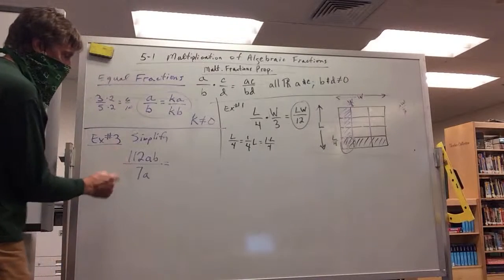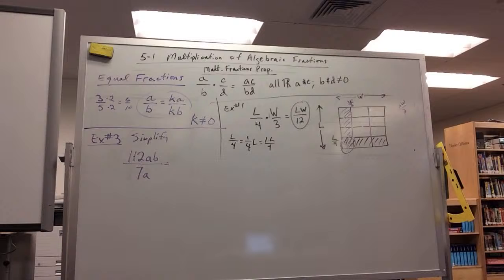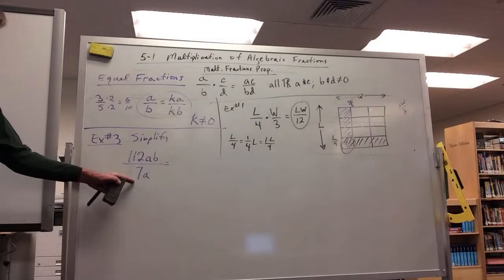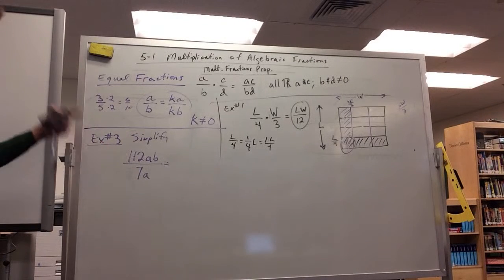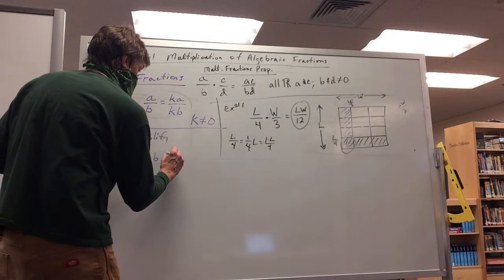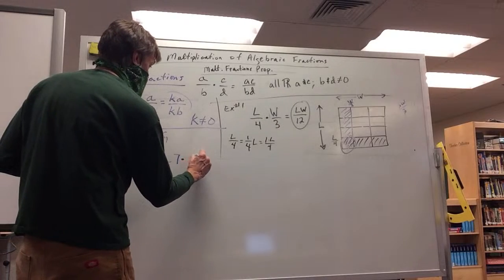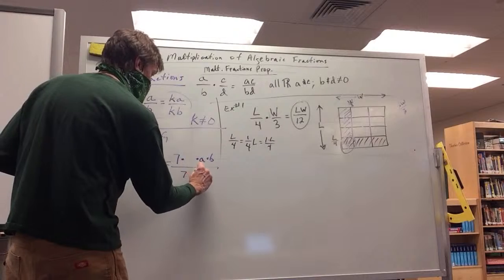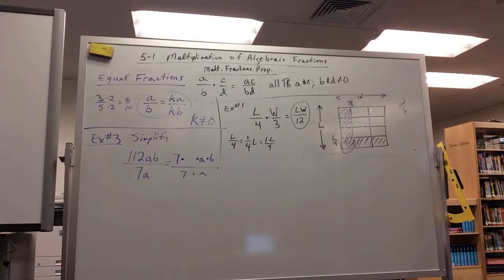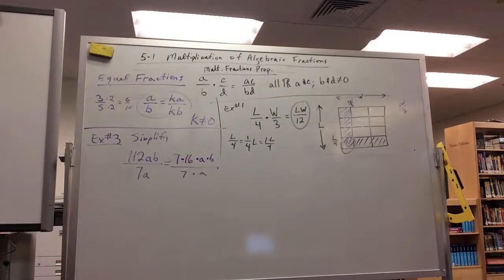So in order to simplify, we need to have a 7 be used in multiplication to make the 112. So can you multiply 7 times anything to get 112? That's what we're trying to do here. So change 112 into 7 times some number, and then we're times A and we're times B, and then 7 times A on the bottom. 7 times 16. 7 times 16 is 112.